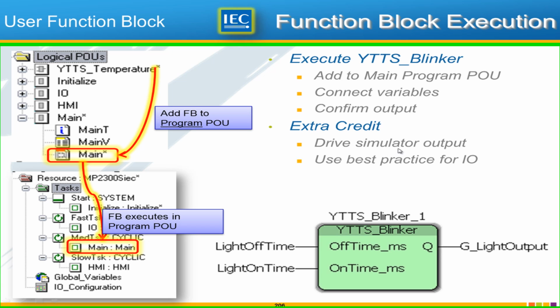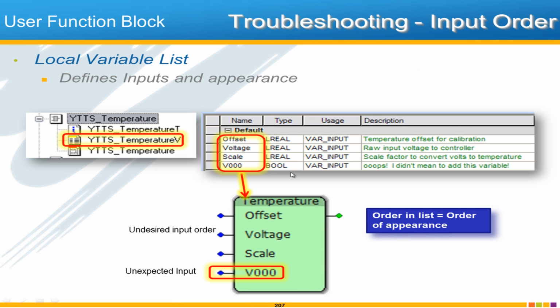And before we go on to drive the simulator output, let's look at a few common troubleshooting issues that some of you may have. And one of them is the input names and the input order. This goes for functions or function blocks.